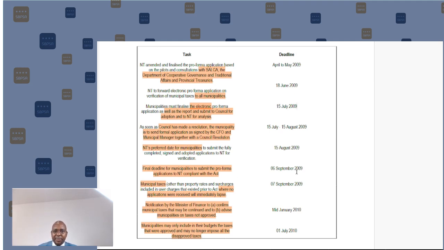Okay, on the 6th of September 2009, the final deadline for municipalities to submit the pro forma application to National Treasury compliant with this act, that is the 6th of September 2009. Then after September 2009, municipality taxes where no application was made or received by National Treasury will immediately lapse.